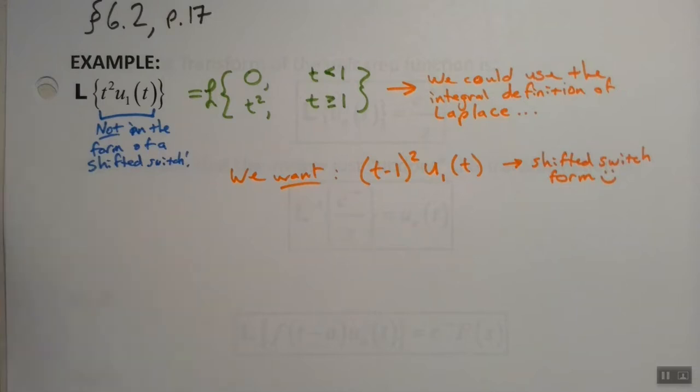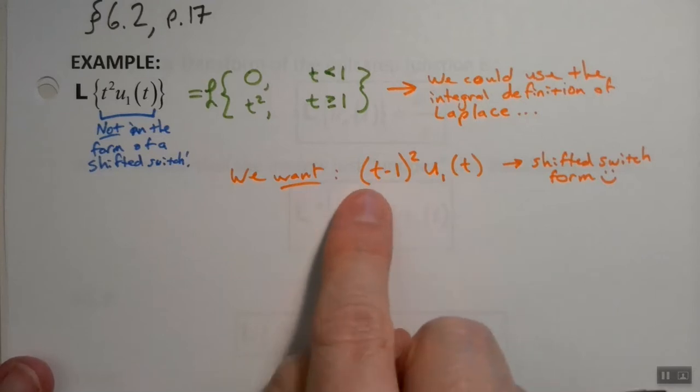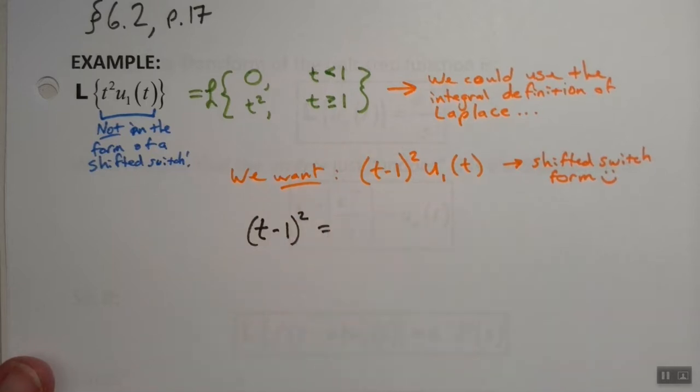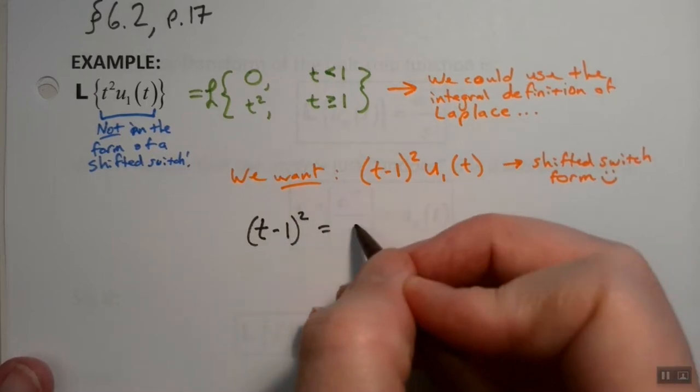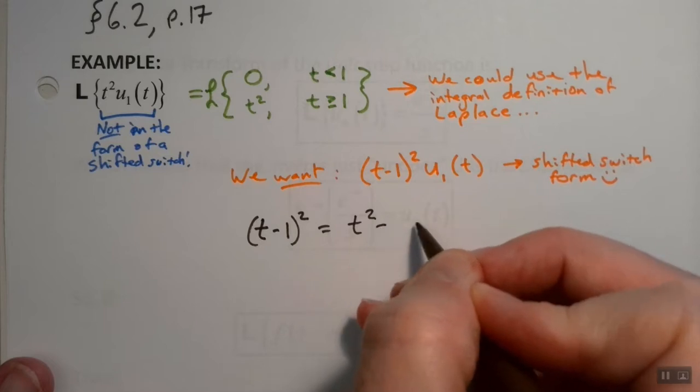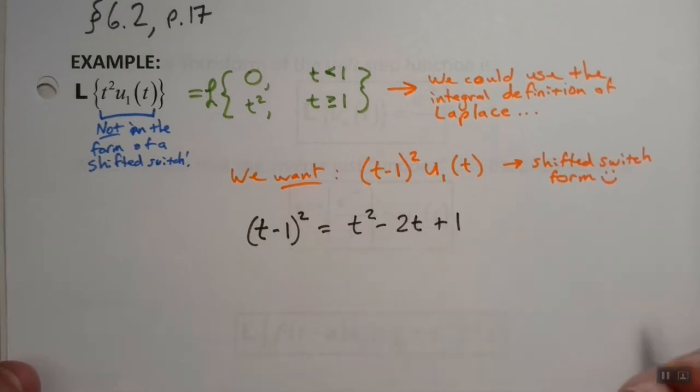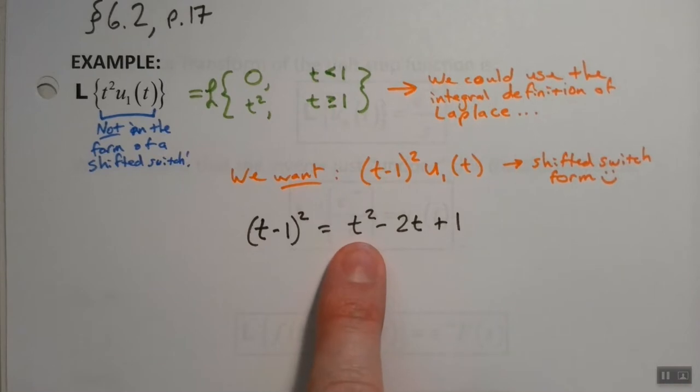So we're going to play some little algebraic games and say, well, what is this t minus 1 squared business going on? What is t minus 1 squared equal to? Well, if you multiply it out, that's just t squared minus 2t plus 1. And that t squared is actually what we've got in our original problem.